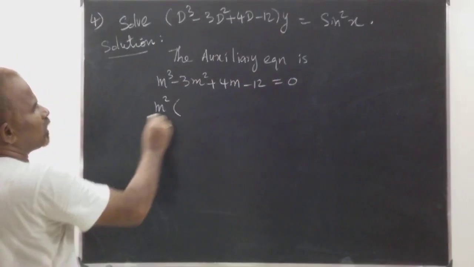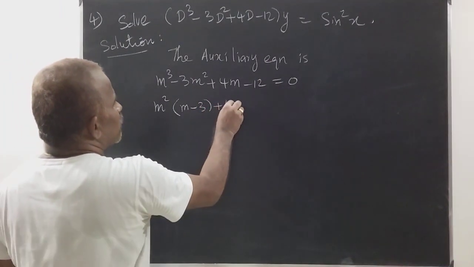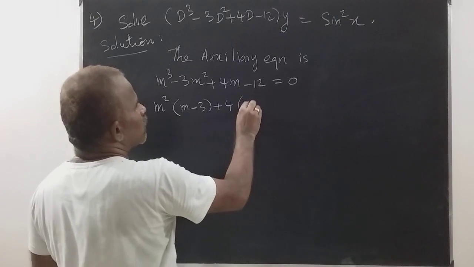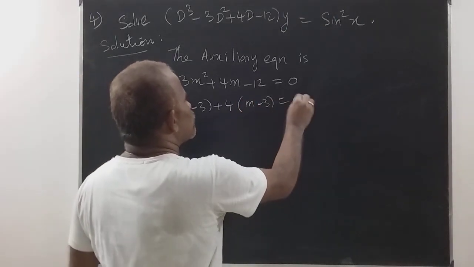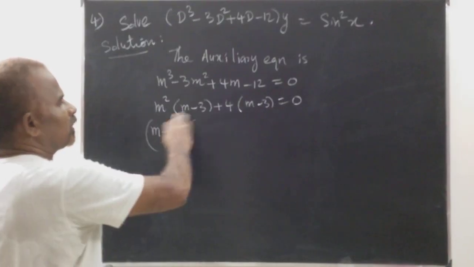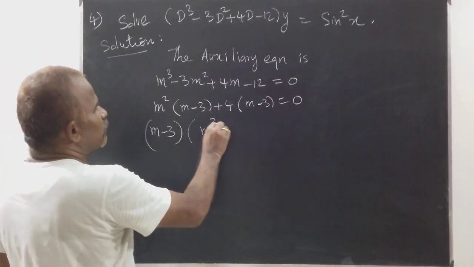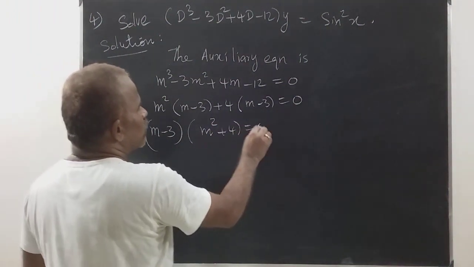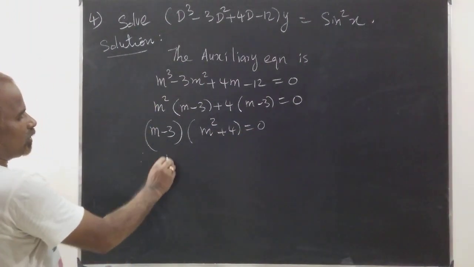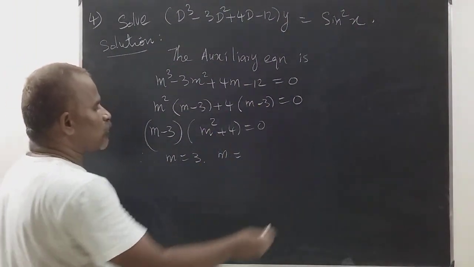So we have to take out m square: m square into (m minus 3) plus 4 into (m minus 3). Therefore m minus 3 is common. So we will take out m minus 3, and m square plus 4 is equal to 0.